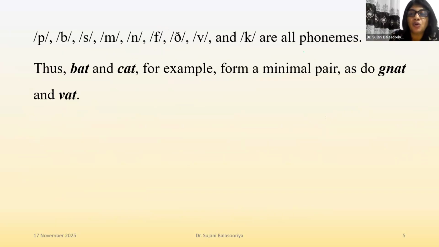And particularly when you talk about pairs, bat and cat form a minimal pair because there are two words, bat and cat. They rhyme very well. Only the first sound is different. And nat and bat. This is another minimal pair. The latter part is the same, only the first sound is different. Okay, right.